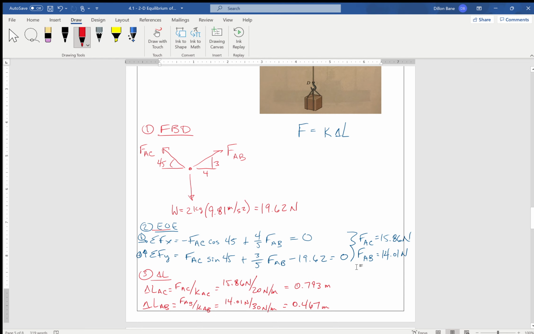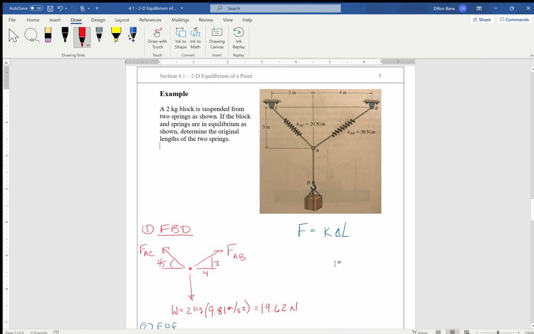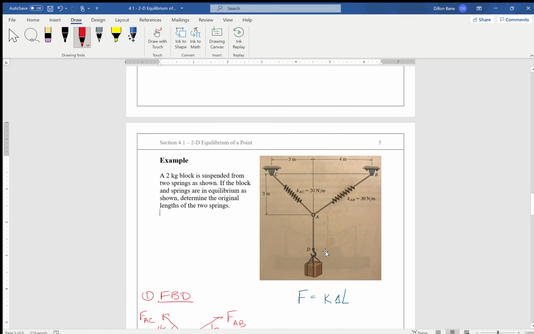So all we have to do to find the original lengths is take the final lengths and subtract out the delta L's. If we look at the final length of AC, we'll just write it here: you can do the square root of 3 squared plus 3 squared.